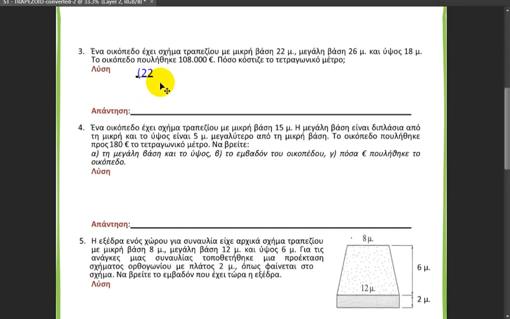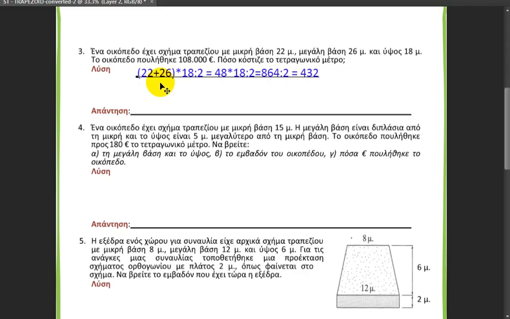The area is going to be 22 plus 26 multiplied by the height, so 18 divided by 2. So that's going to be 48 times 18 divided by 2. Now, let's see how much this gives us. 48 times 18 will give us 864, and we need to divide this by 2. This is equal to 432.